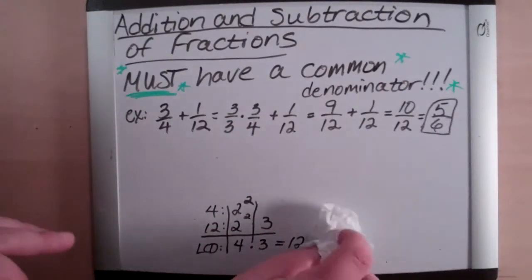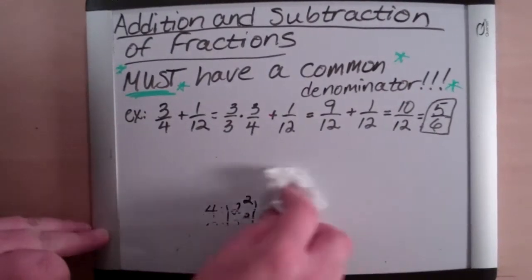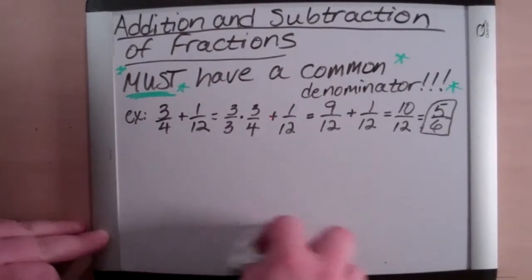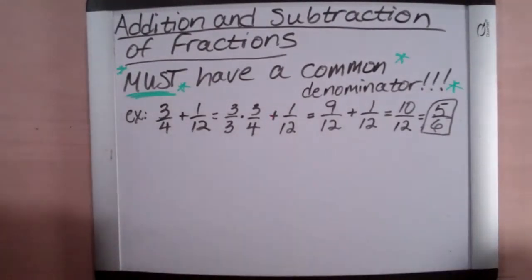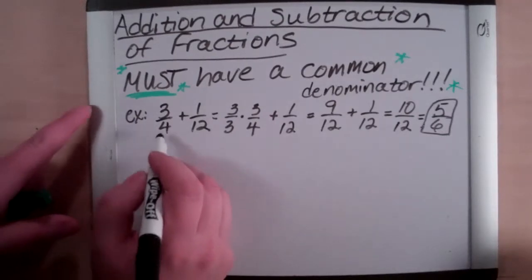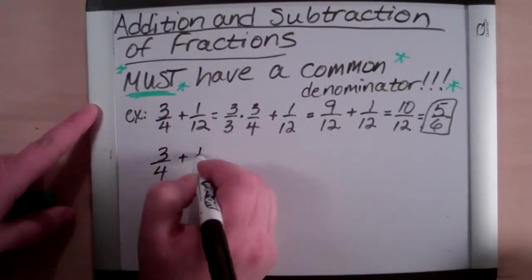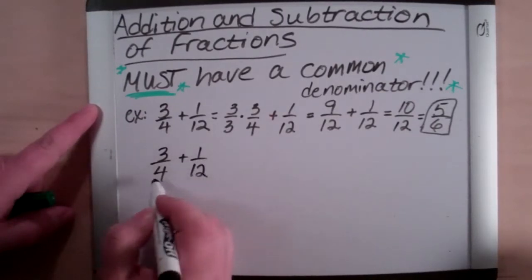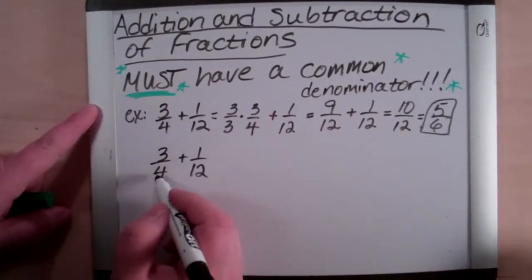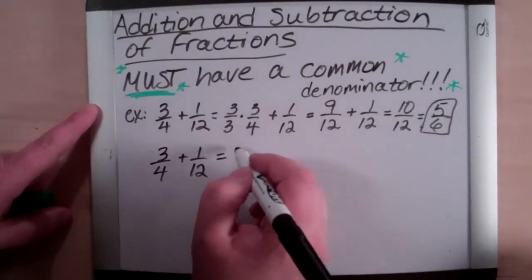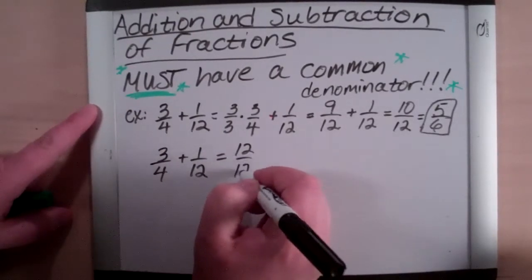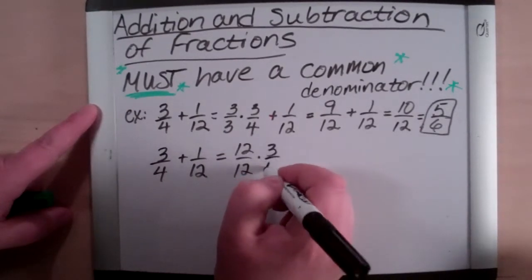Now there was another option in trying to work this problem, and that I sometimes refer to as a brute force method. Essentially, if I took the two fractions, 3/4 and 1/12, and I just did a multiplication like this, I'll have 12 over 12 times 3/4.